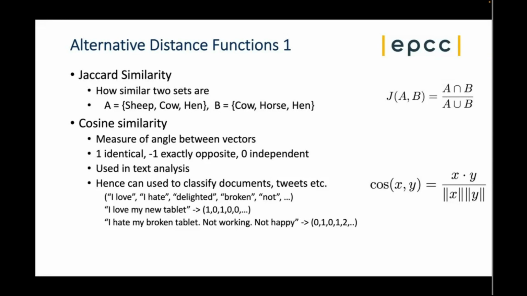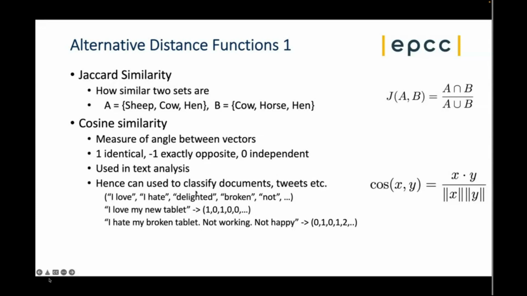The cosine similarity measures the angle between those two vectors. And in that case, it can go between 1, with them being identical, -1 if they're diametrically opposed, and it'll be 0 if they're completely independent of one another, so orthogonal. And you can get that value from this equation, taking the dot product and dividing by the product of the norms. And then again, this is another thing that can be used to classify documents, for example.